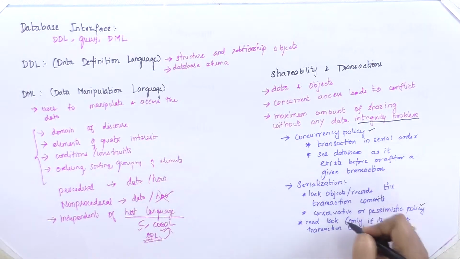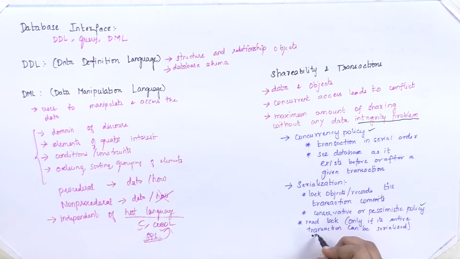In this conservative or pessimistic policy, you will be given a read lock or a write lock. If an object has already been given a write lock, that is, a user is already writing the data, you can be given a read lock on it only if the entire transaction can be serialized; otherwise you cannot be given a read lock.